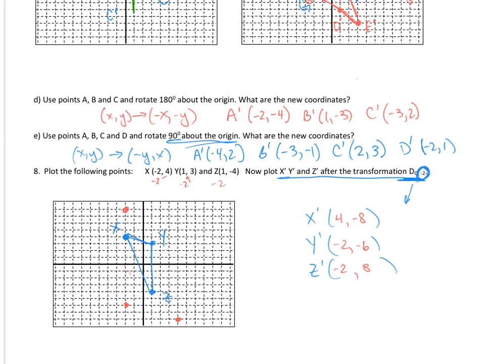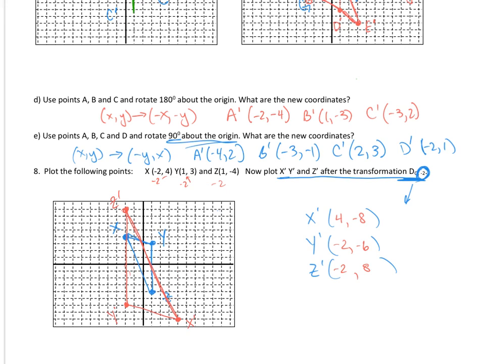So this was my x, oops, let's fix what we did there. Okay, so now this is my x prime right here. I'm just going to label these real quick, y prime, and this was z prime, and I can connect these points, and I end up with this sort of shape, and this is my triangle after I've dilated about the origin by a scale factor of negative 2.